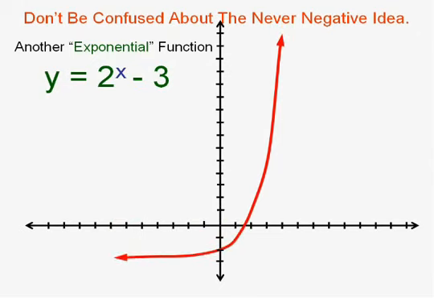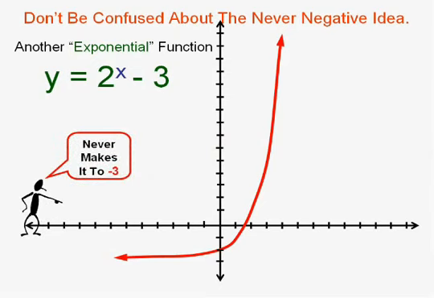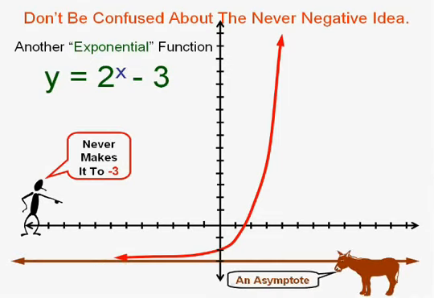So we'll still have an asymptote, and some of these values will be negative, okay? It just will be in a lower place. Okay, but the point is, for these exponentials, it's going to have an asymptote somewhere where it will never really reach that line.